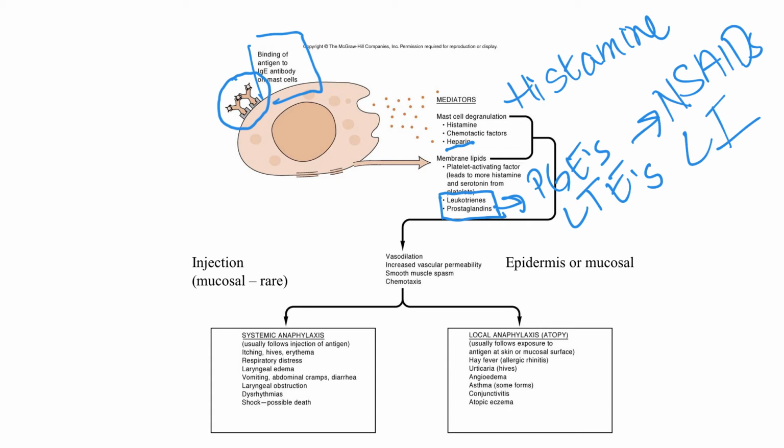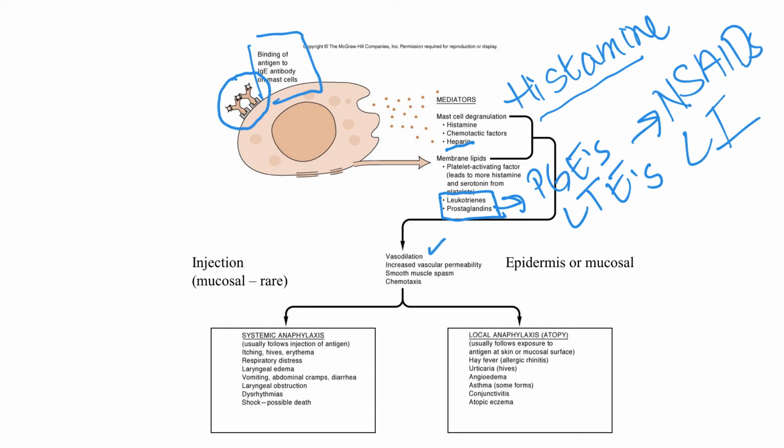So when things like these prostaglandins or histamine, serotonin, other chemical mediating substances are released into the circulation, we have these typical reactions you would expect in the inflammatory response.